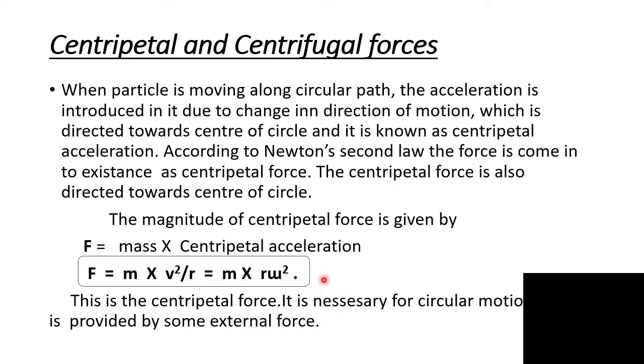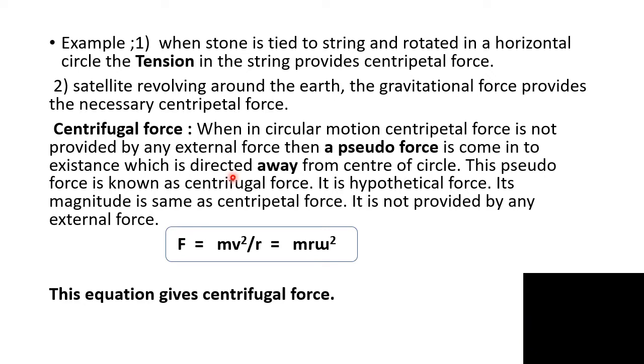The centripetal force is always provided by some external force. For example, when a stone is tied to one end of a string and rotated in a horizontal circle, in that case, tension in the string provides the necessary centripetal force. So tension is the external force which provides the centripetal force.